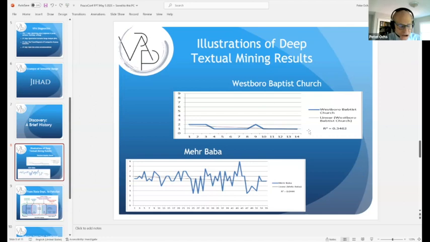Westboro Baptist, which, if you're familiar with it or not, is an aggressively anti-gay church in Kansas, often studied by peace builders. And look at this, look at these lines. Each document has between 1 and 2 meanings only, consistently.